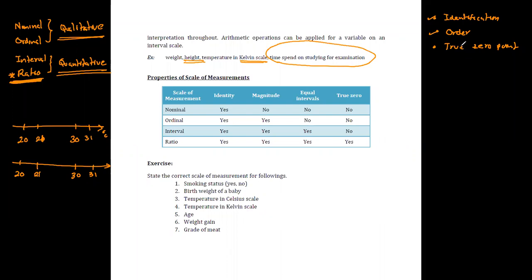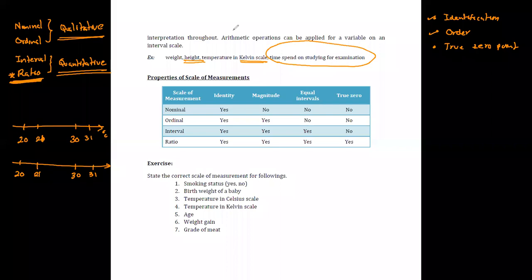Since we have a true 0 point, it is sensible to talk about whether one is studying twice or thrice as much as the other one, or one is studying half as much as the other. Likewise, we can have comparisons as well.